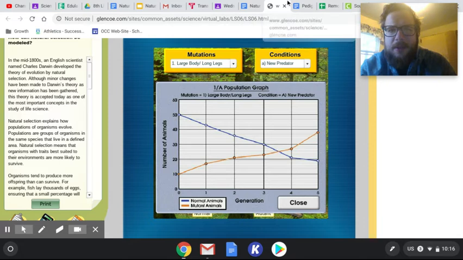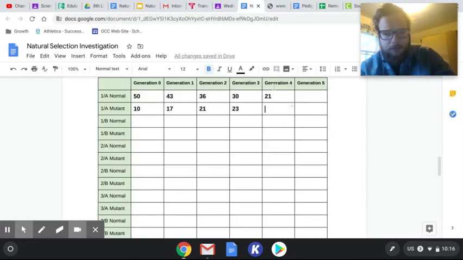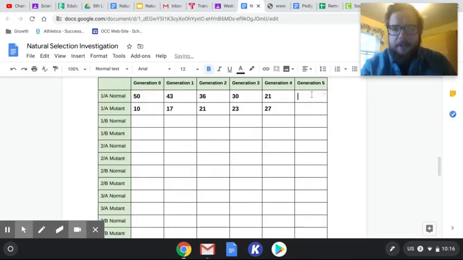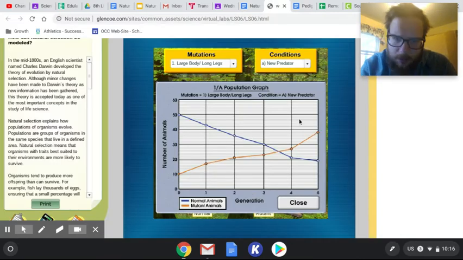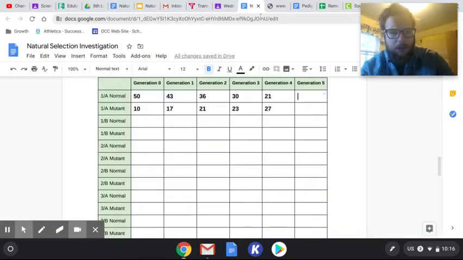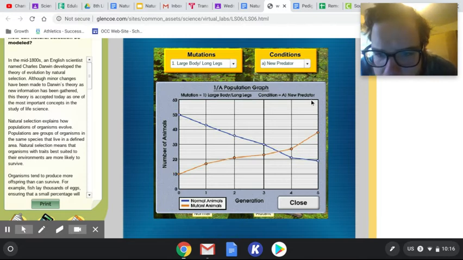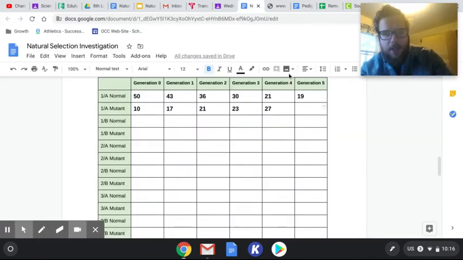And lastly, generation 5. Here our normals look like they're at 19. And our mutants are going to be at, looks like that's 2 lines away from 40, so we'll call it 38. All right, so there's our trend.